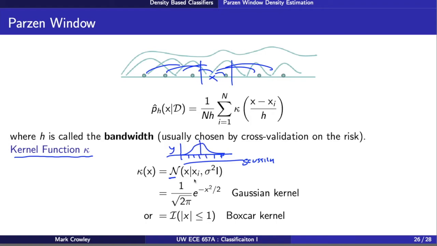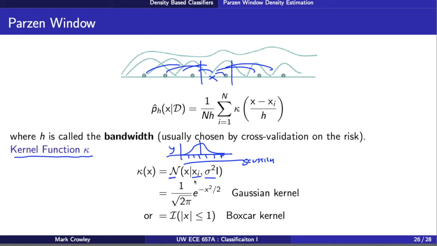We're shifting the mean and the standard deviation to match something from the data. In this case, the mean of every one of these kernels is the data point we're giving it. So we compute this distance here, we use that as the mean, and the standard deviation we get from that data set as well.